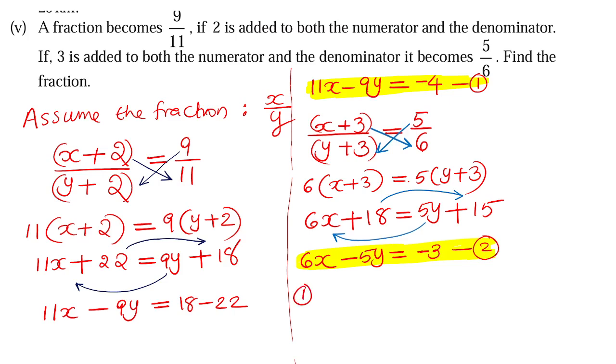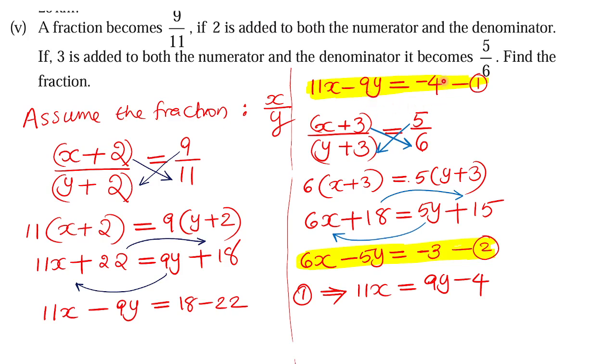From the first equation, let me take this minus 9y to the other side. I want x. Minus 9y taken to the other side, so I get 11x is equal to, minus 9y becomes plus 9y on the other side. 11x equal to 9y minus 4.